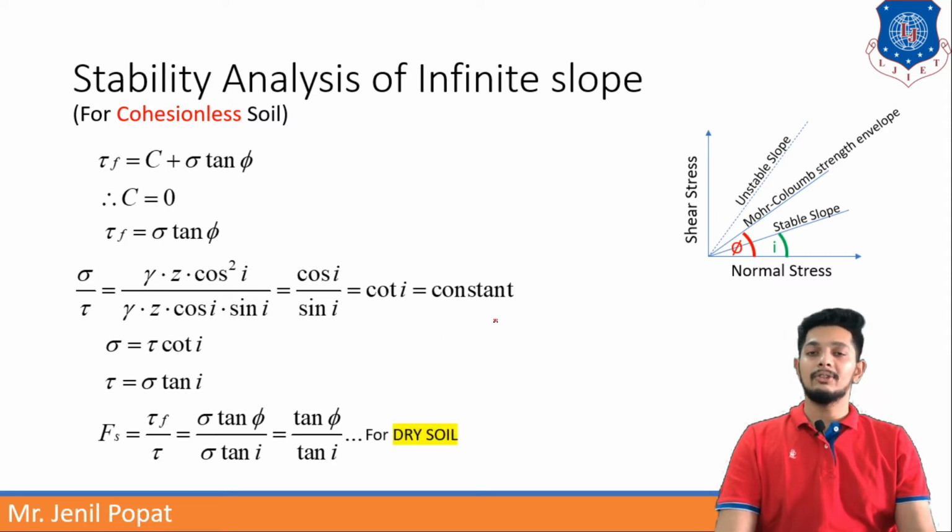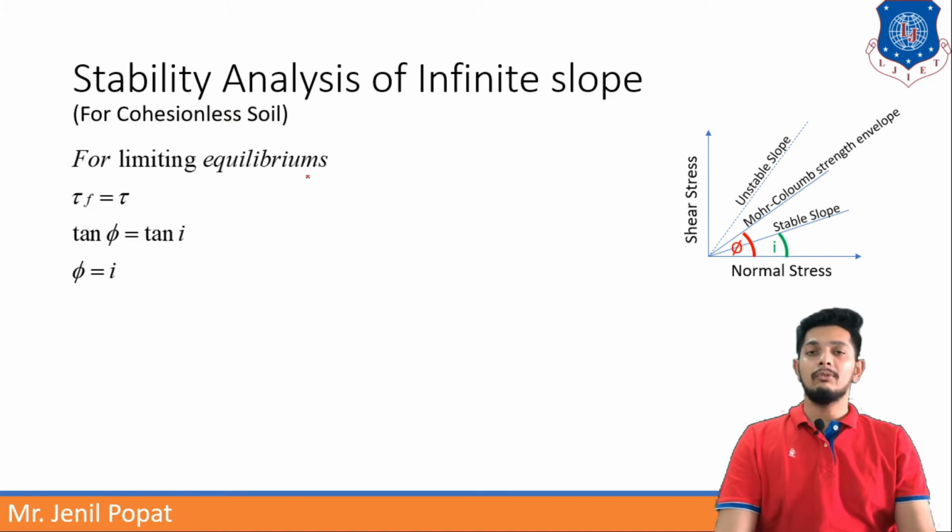is for dry soil. For limiting equilibrium, when it is a limiting condition, tau f will be equal to tau, so the mobilized shear strength is the same as the shear strength at the time of failure. So at tau f equal to tau, we can write tan phi is equal to tan i.